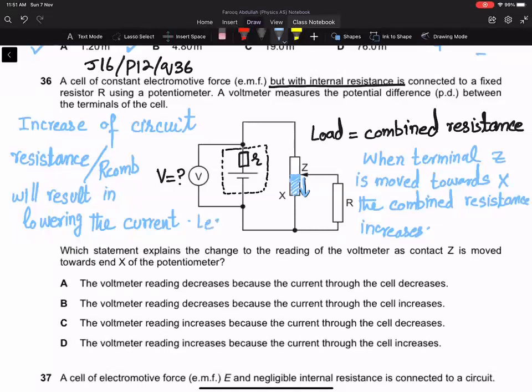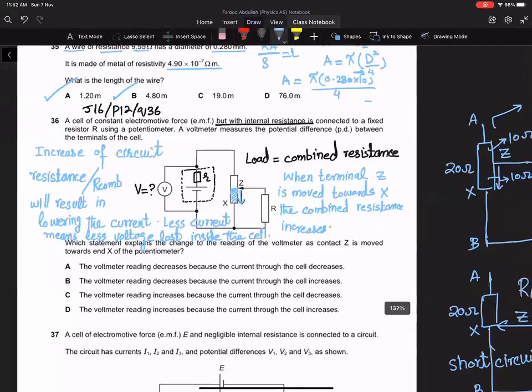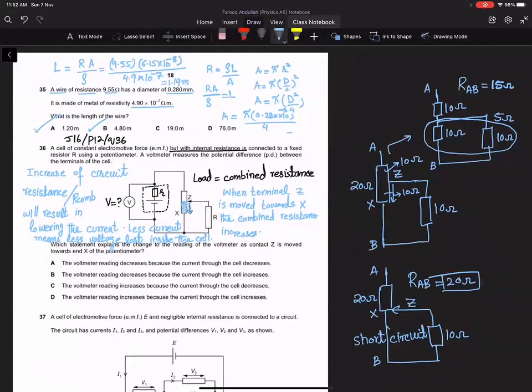Less current means less voltage lost inside the cell. Now, if the losses inside the cell are decreasing, then for the cell we can write the equation.